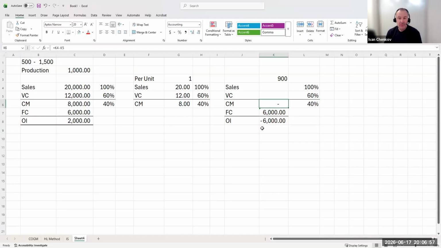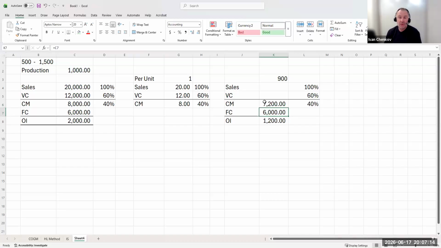How much is my contribution margin if I sell 900 units? Well, 9 times 8 is 72. And when I add two zeros, it's 7,200. So my operating income simply is going to be 1,200.